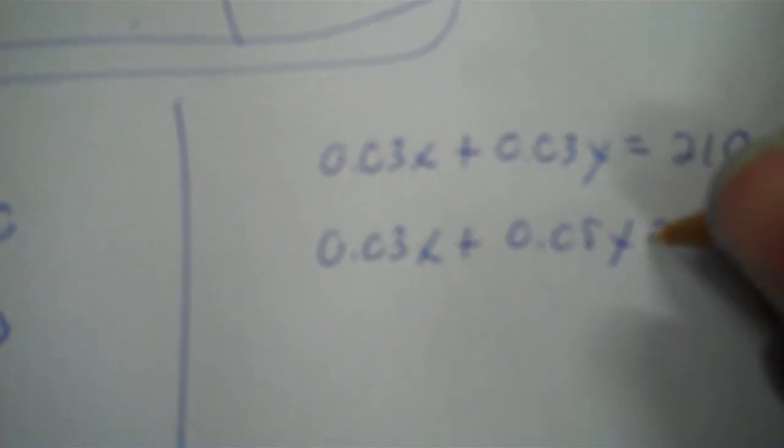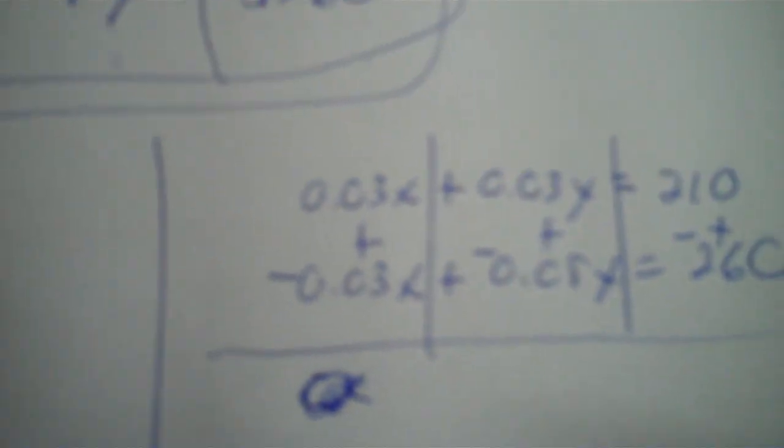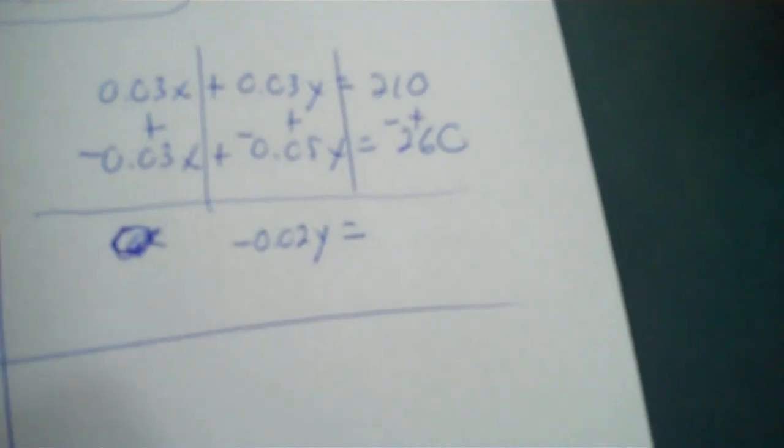I got 210. Now the bottom would just remain the same. Lines, 0x, get that out of there. 0.03 plus negative 0.05 is negative 0.02y, and then 210 plus negative 260 is negative 50.